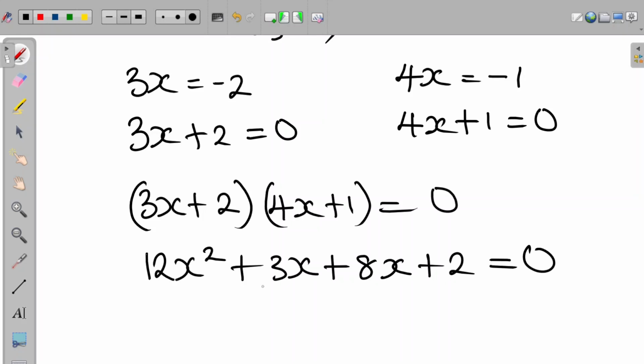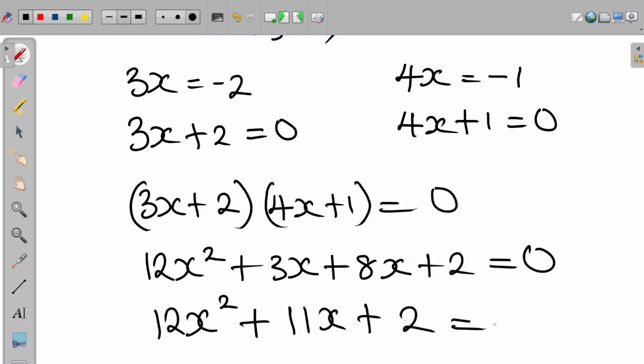So at this point, we can simplify. We have that 12x squared, 3x plus 8x is giving us plus 11x plus 2 is equal to 0. So we have been able to obtain our quadratic equation from the roots given.